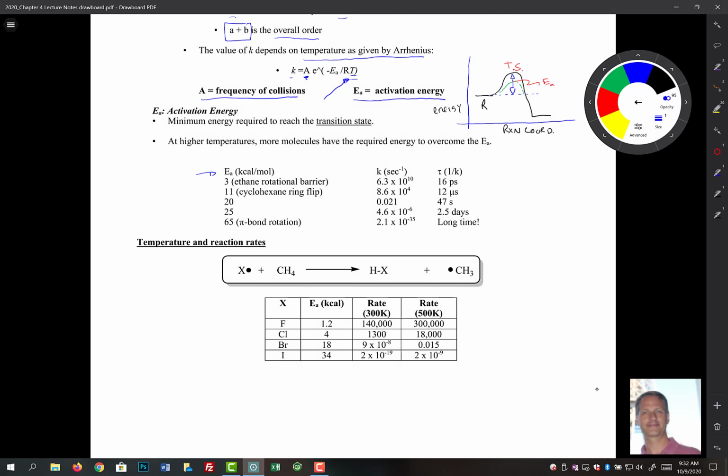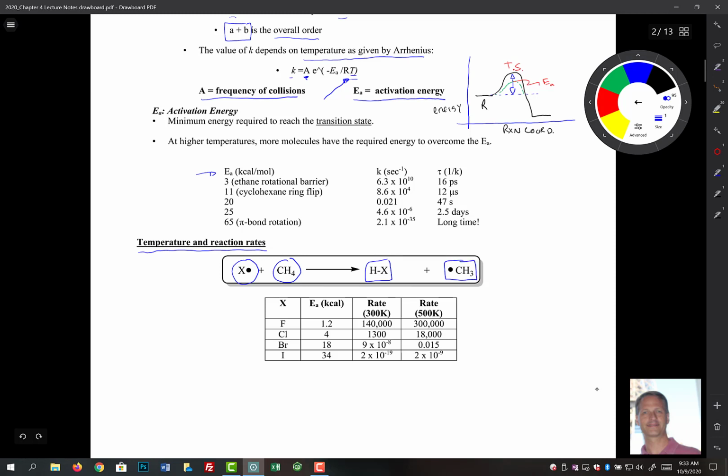So remember two things: temperature is going to be important, and then the other thing, of course, is the activation energy. With more temperature, molecules can move faster and the reaction rate increases. So here, if we look at this reaction below, temperature and reaction rate. Here is methane plus some type of halogen radical, and that's going to give us a hydrohalic acid and CH3, a methyl radical.